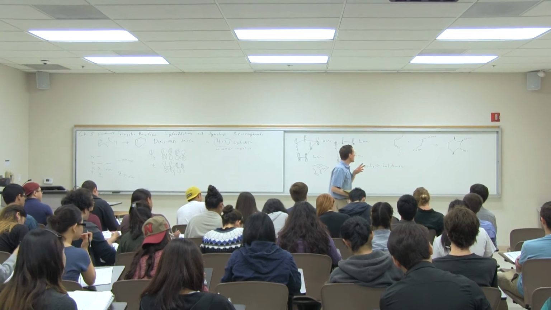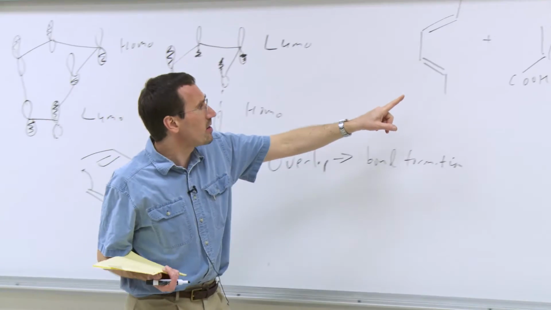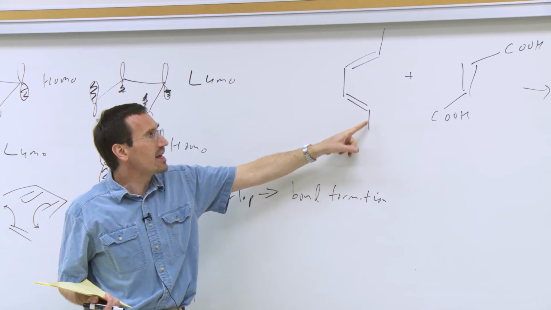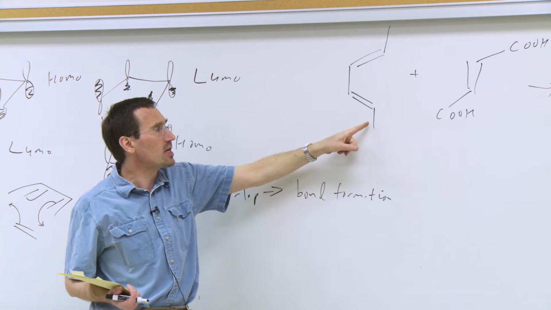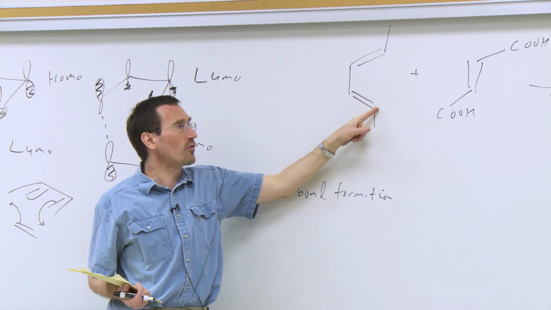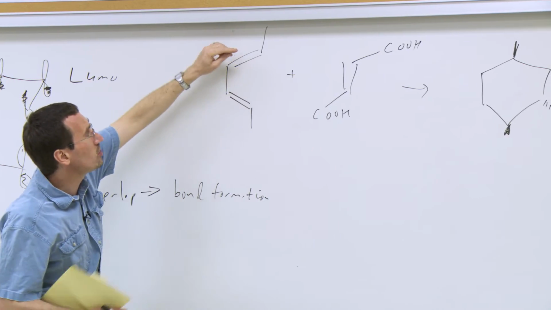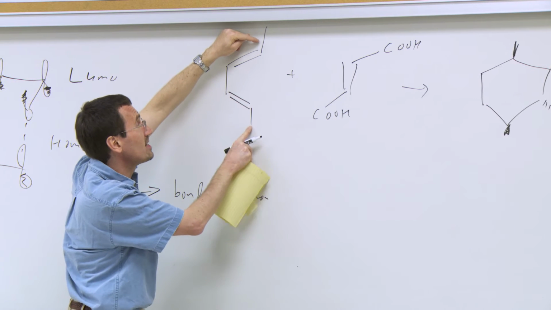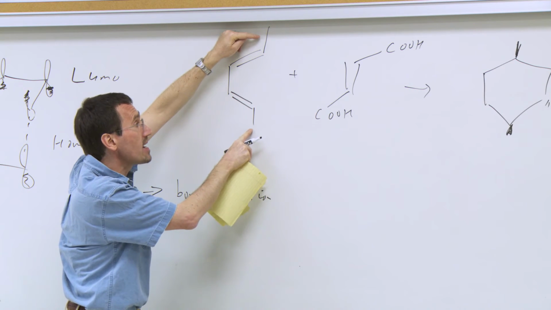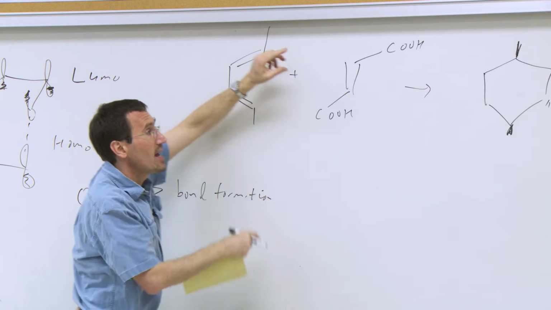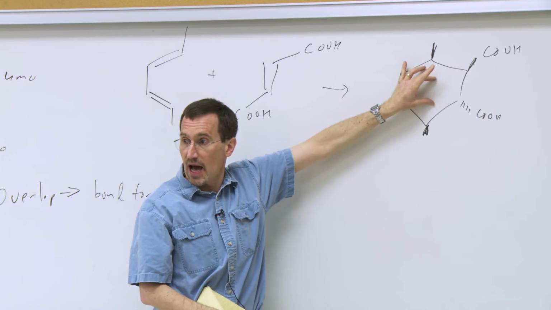But the reaction is absolutely stereospecific in that the 2 substituents that are trans over here, basically the 2 substituents that are on, shall we say, the same side of the diene, end up on the same side of the product.